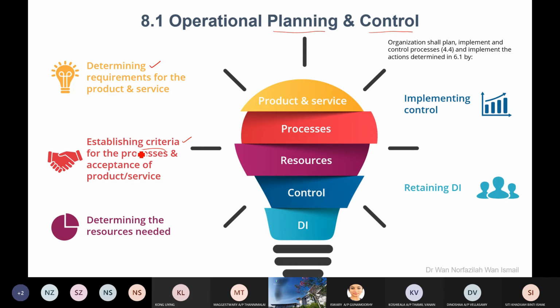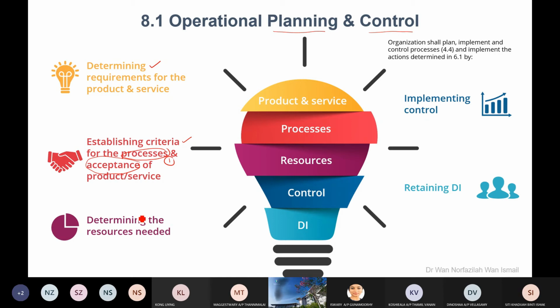And also, once you determine the criteria of the process, you also need to establish criteria of customer acceptance of your product and services. What are the criteria that the customer wants from your product? What are the criteria so that when you give a service, the customer can accept your service?